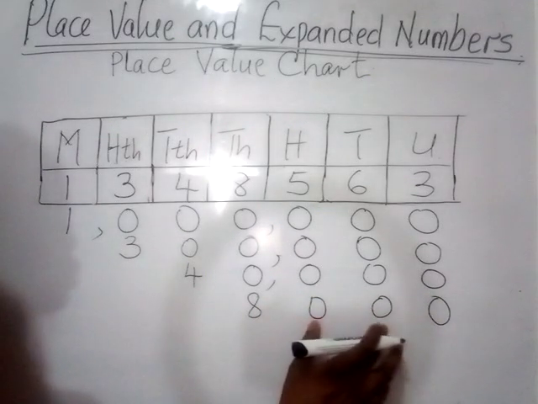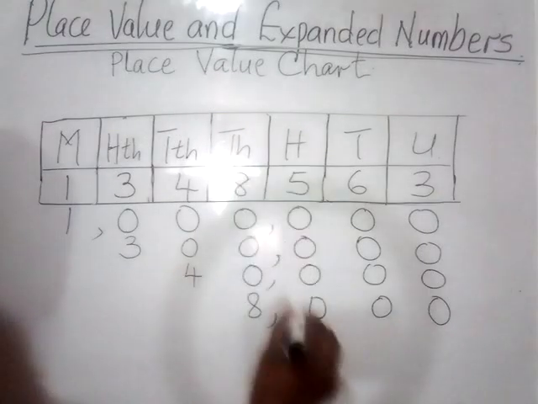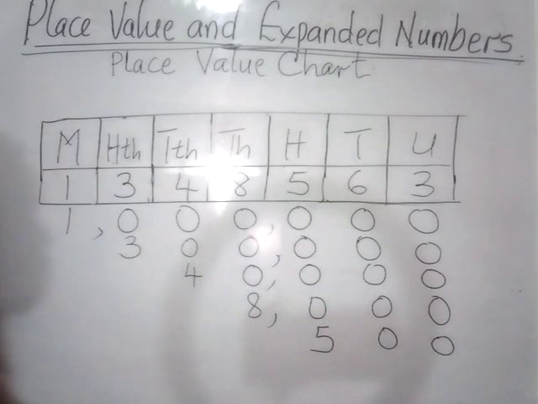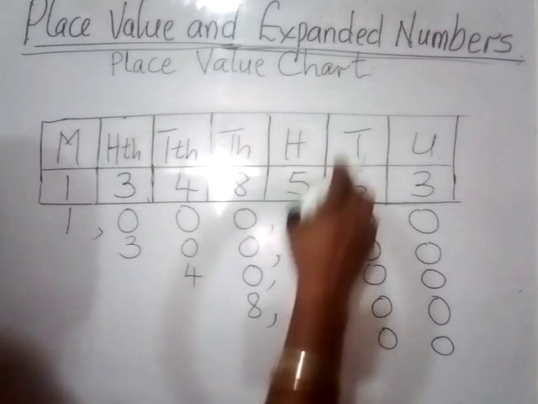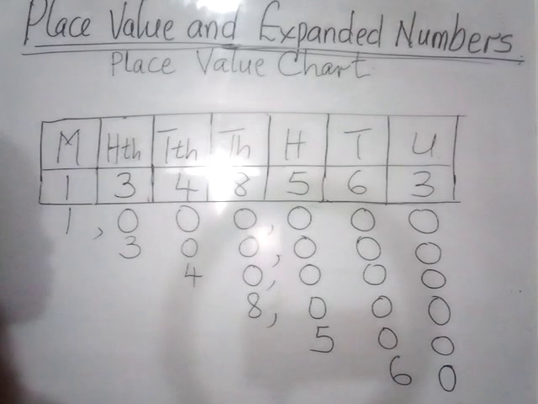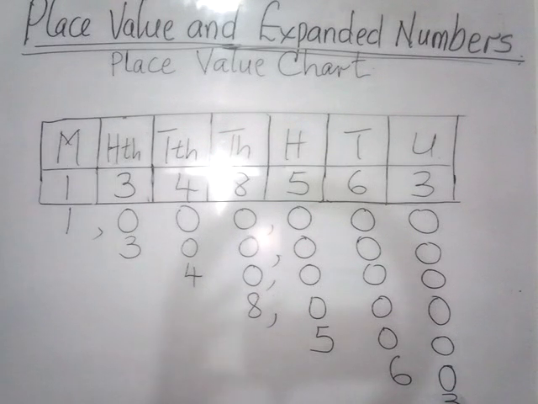So you have 1, 2, 3. Remember your comma. The next digit is 5, 0, 0. No comma can be used here because there are only 3 digits. And the next one is 6, and the only digit after it becomes 0. And lastly, your 3 comes right there. There's no digit after the 3, so that's your 3.